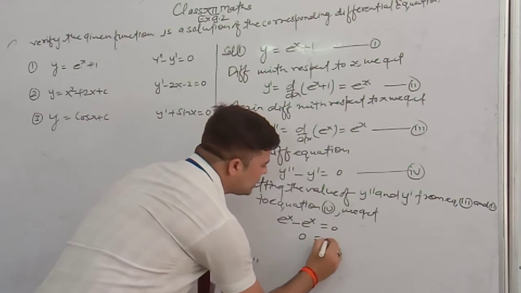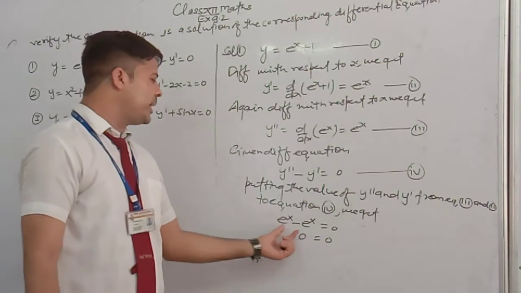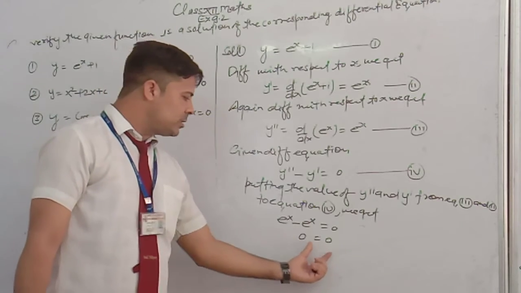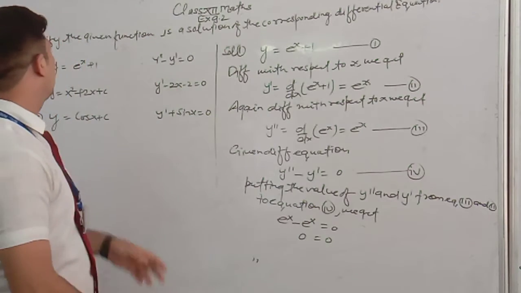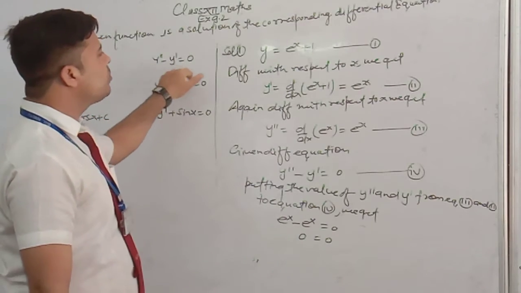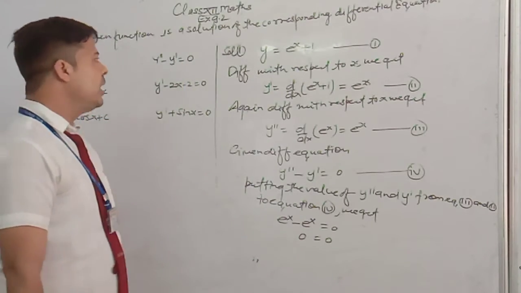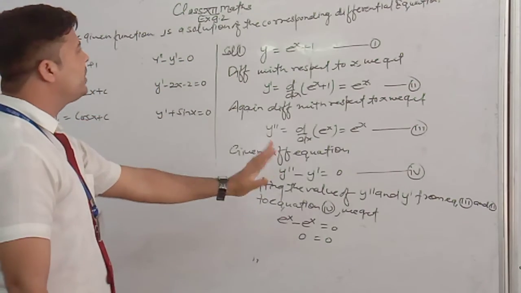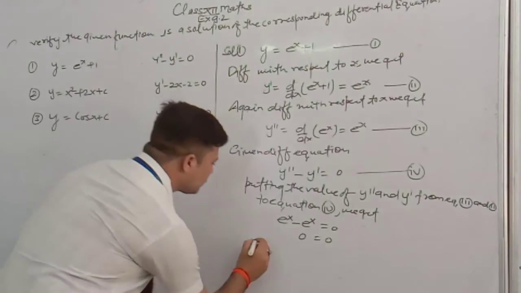So the LHS is e to the power x minus e to the power x, which makes it 0. Since LHS is equal to RHS, hence the given function is the solution of the corresponding differential equation.